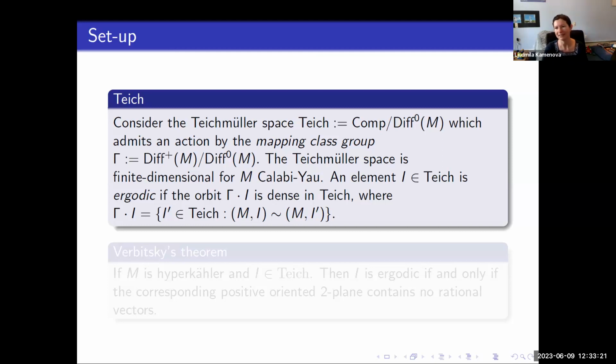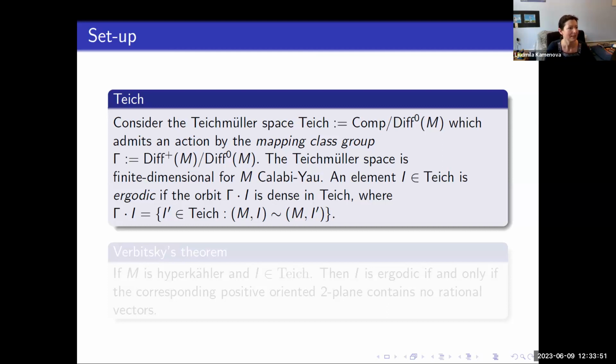And Misha Verbitsky discovered, well, since there are all these counterexamples, we should do something different. And instead of doing it with Hodge theory, he did it with the Teichmüller space of deformations of complex structures. So Torelli works for hyperkählers, but you have to formulate it the right way.